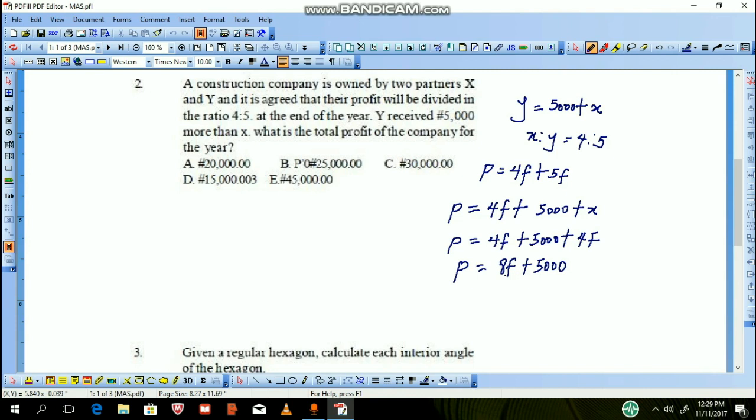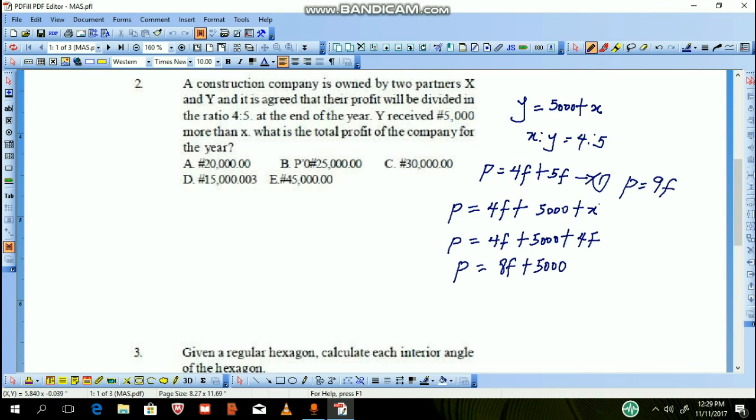Now how do we get F? Recall that from the first statement, if we call this equation 1, the total profit will be 4F plus 5F, and 4F plus 5F is 9F. That implies that the total profit is 9F.